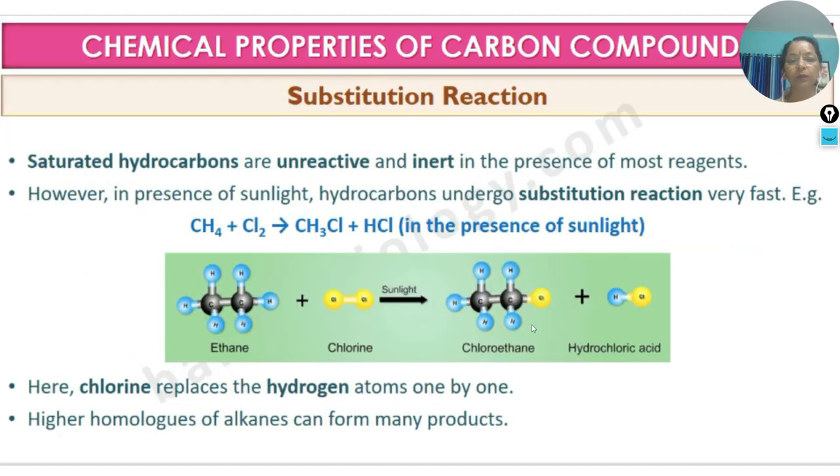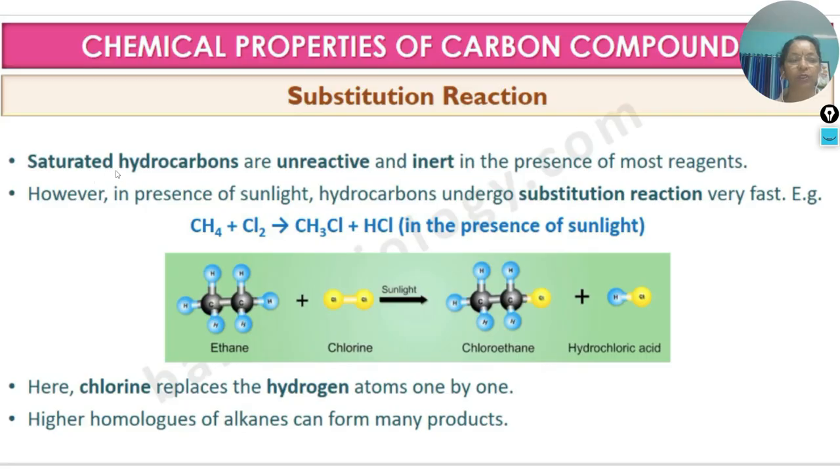Now the last reaction is substitution reaction. Substitution is given only by saturated compounds. Saturated compounds are not able to accommodate any more hydrogen or any other elements. So if you want to add something, somebody should be removed from there.